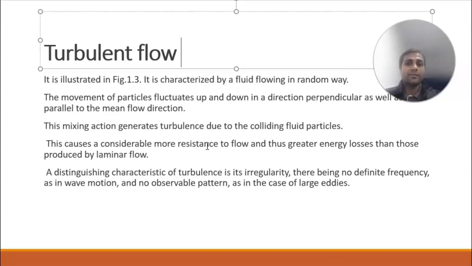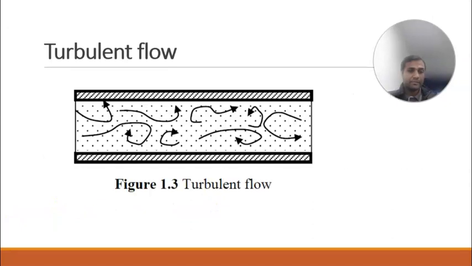In a turbulent flow, there is irregularity. There is no definite frequency, as in wave motion; it is not a proper flow. There is no pattern, and there are large eddy currents or eddy losses. Eddy losses are the losses that are in the opposite direction of the initial direction of the flow of liquid. Now, this is a typical example of a turbulent flow.